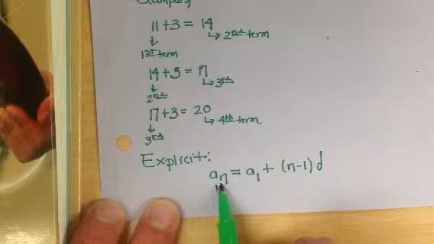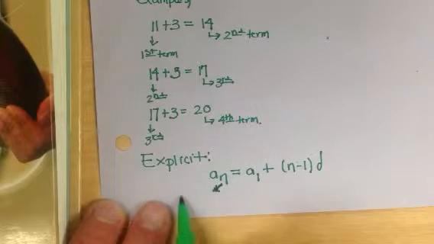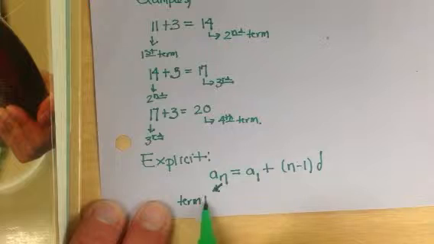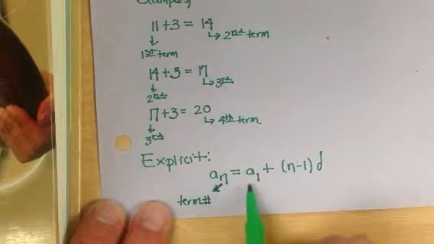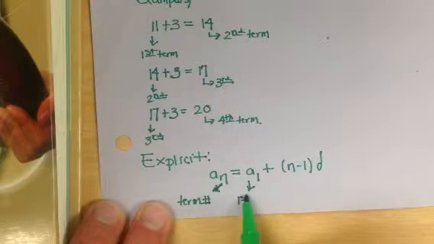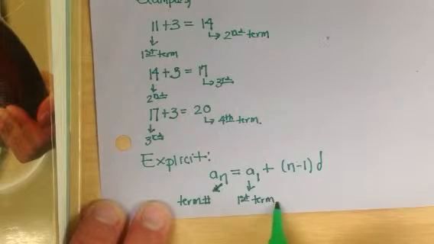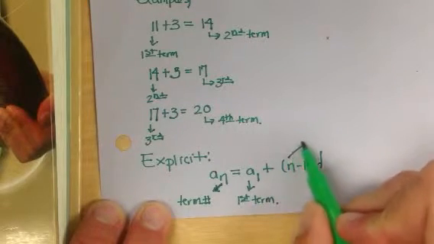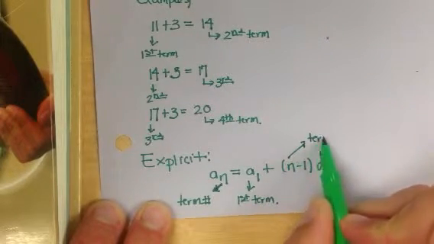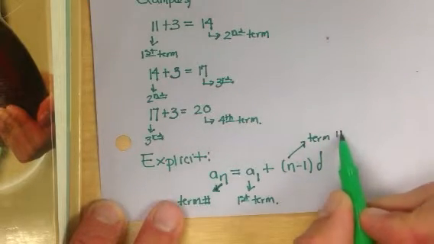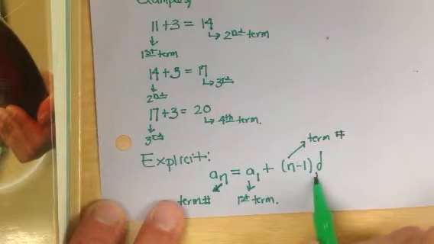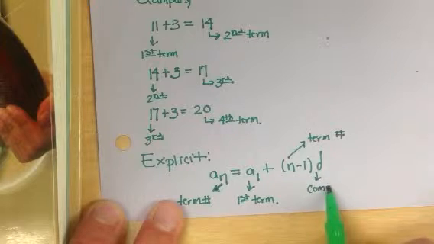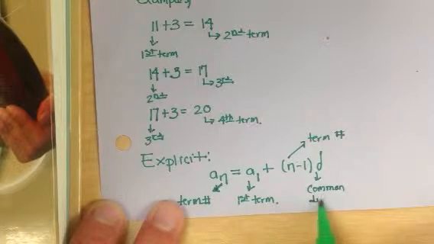A sub n equals your term number. A sub 1 is your first term in your sequence. N again is your term number, and D is your common difference.